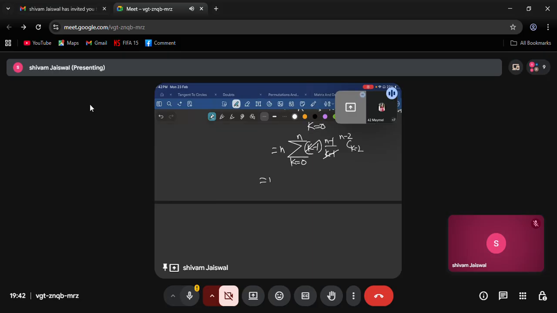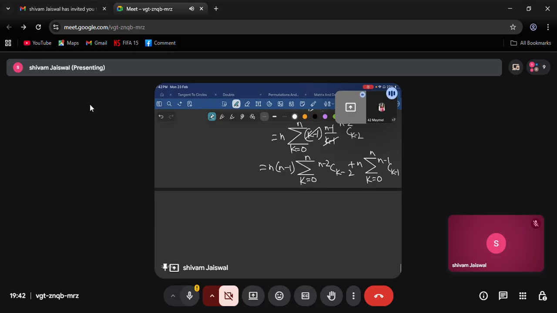So now I'm getting n into n minus 1 into summation of k equal to 0 to n, n minus 2 Ck minus 2. Tell me, are you people getting? Plus n into summation of k equal to 0 to n, n minus 1 Ck minus 1.